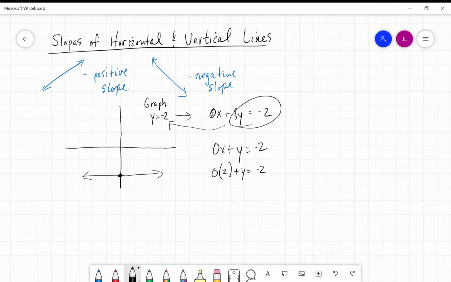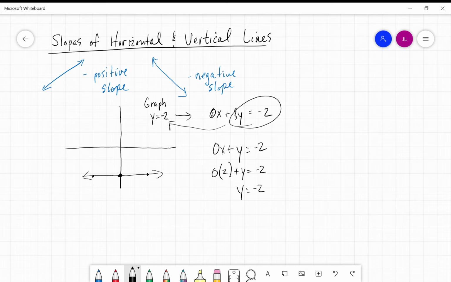So when x is 2, y is still -2. When x is 0, y is -2. When x is -4, y is -2. So we always see y is equal to -2 here.